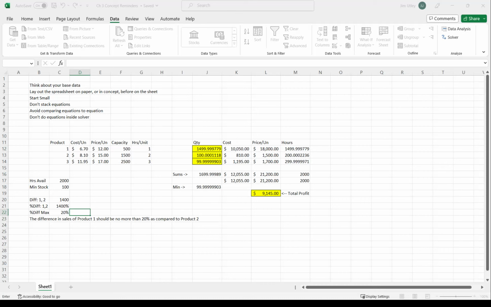That does work, but again, this is more advice. When the spreadsheet gets large, you don't want any scalars like that buried inside of your equations or inside of your solver. As much as possible, put all of your factors visible and then have equations pick them up from a visible cell. So instead, we're going to say must be less than or equal to this 20%. Click OK, and let's see if it solves.